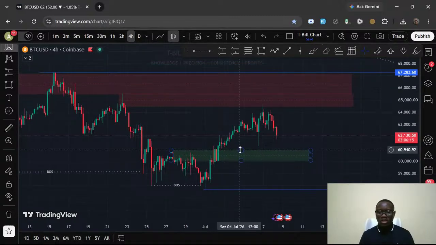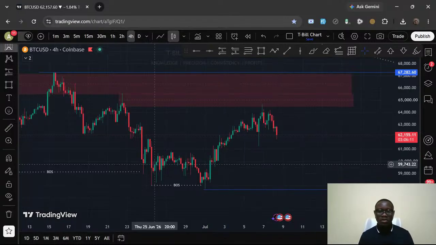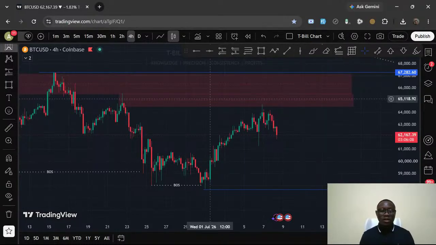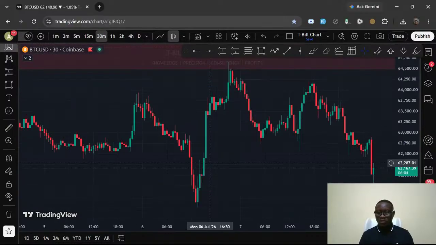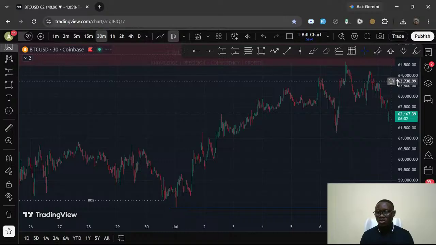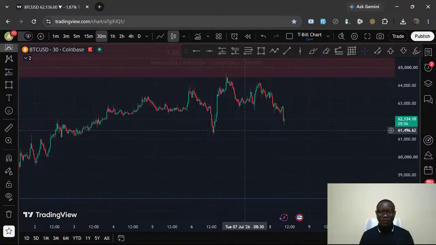The price has actually tapped into it. It has been mitigated. There is no point. It has been mitigated already. So let's ignore it. Let's go back to our 30-minute time frame and study the internal structure after price tapped into this zone.